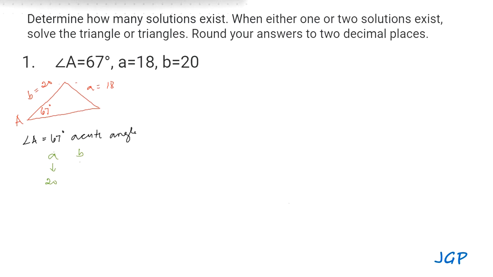Your side A is equal to 18, and your side B is equal to 20. And we know that 18 is less than 20. Therefore, your side A is less than your side B.